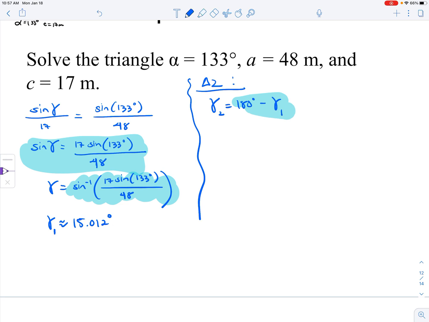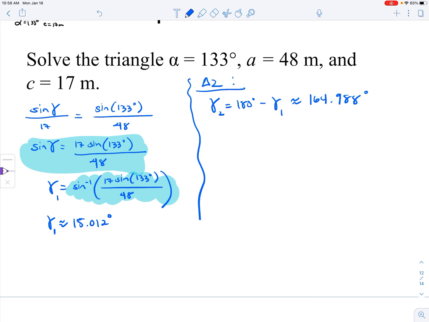So that then, in order to represent the exact value of gamma from the second triangle, right, this would actually represent gamma from the second triangle, like the exact value. And then if you type that into your calculator, 180 degrees minus whatever you stored gamma sub 1 in as, you'll get approximately 164.988 degrees.